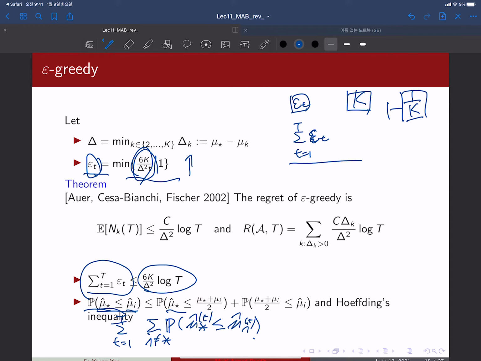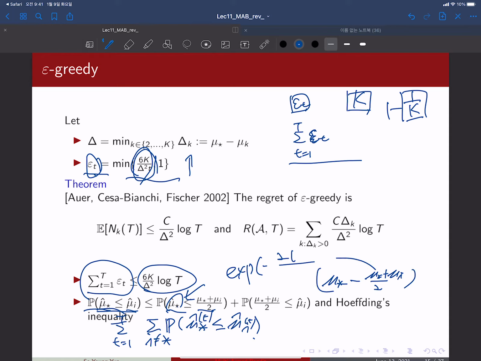And for this, you can apply Hoeffding's inequality or Chernoff-Hoeffding's inequality. Let's assume we apply Hoeffding's inequality. Then Hoeffding's inequality, essentially, when we have a Bernoulli distribution, gives 2 times, let's say the true mean was mu star for this case, but we want to make a bound for this, right?